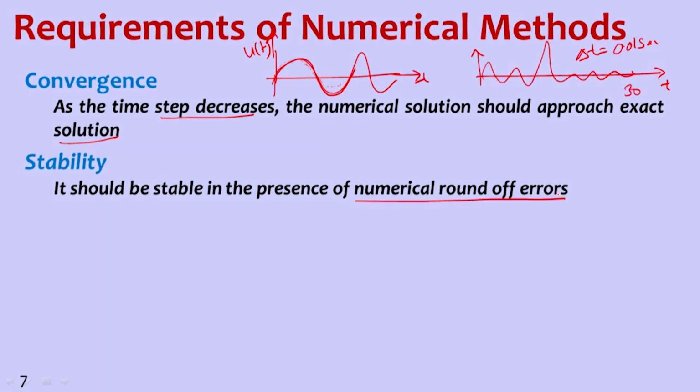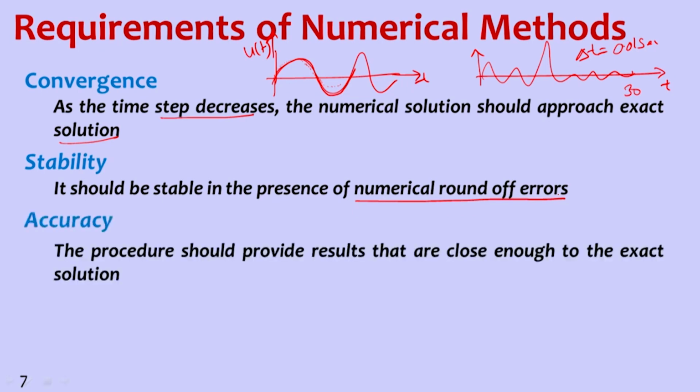Then, third, accuracy: the procedure should provide results close enough to the exact solution. So these three things are the criteria, the requirements, for numerical methods: convergence, stability, and accuracy.